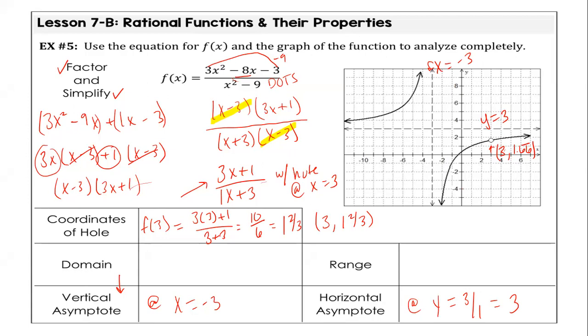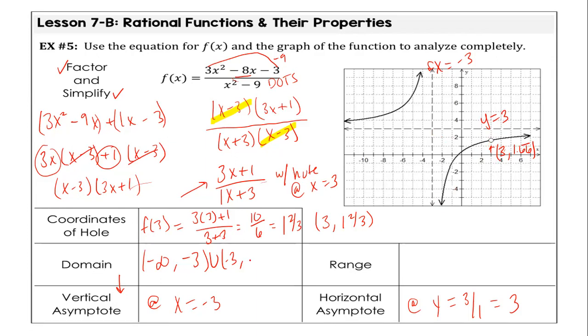All right, so my domain. Coming from left to right, we start at negative infinity. We're traveling along, and oh no, there's a pause in my graph. That is my vertical asymptote. Then we get back on the train and keep traveling, and oh no, there's a hole in my graph and I have to stop.